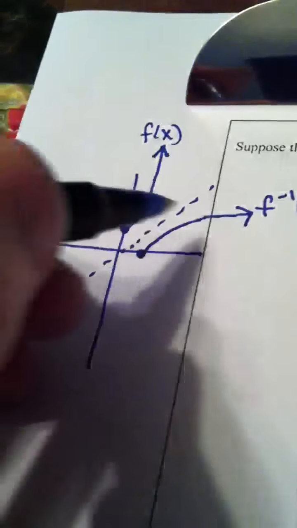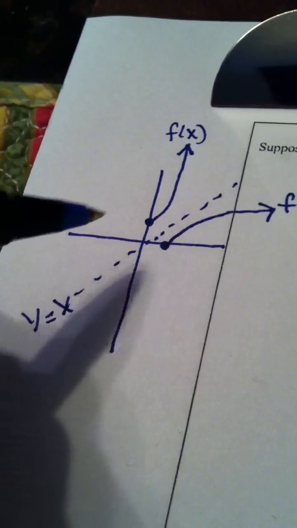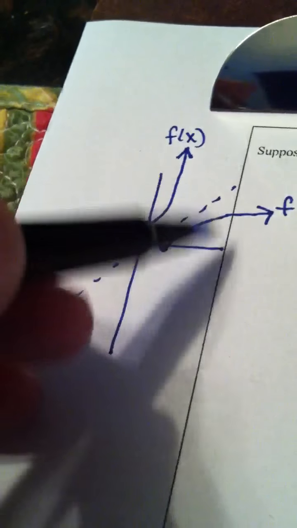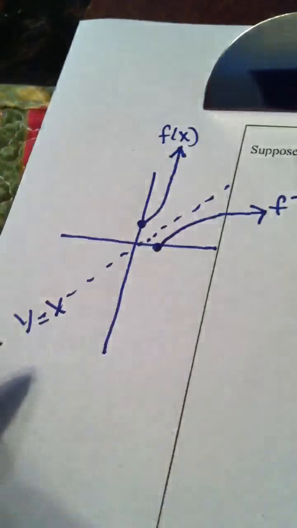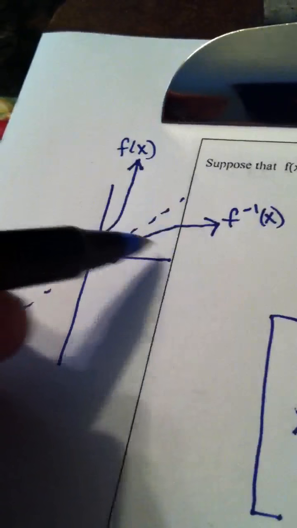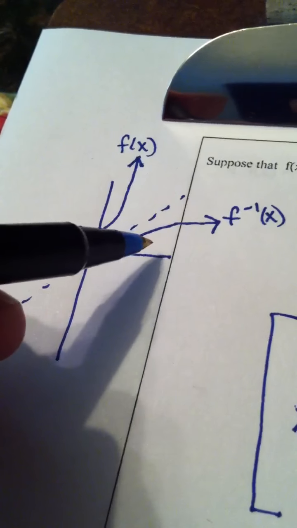Correct? I mean, if this is f of x, when we draw the line y equals x, we know that the inverse function has to look just like this. It's symmetric about that line. So where is f inverse? Well, f inverse has x and y values that are positive only.